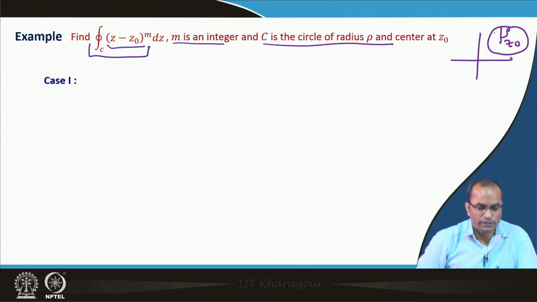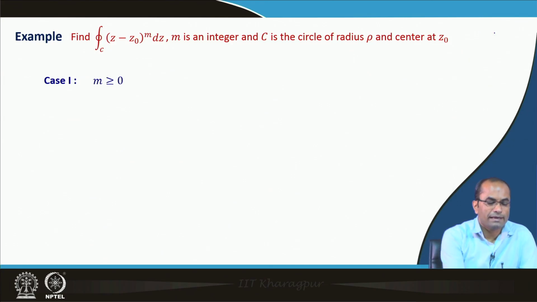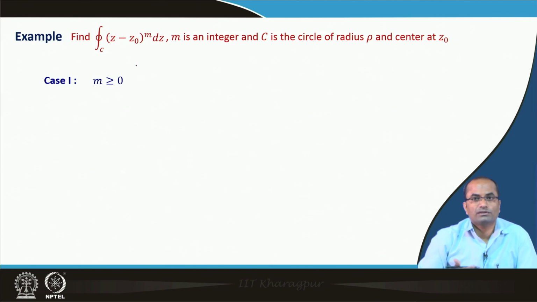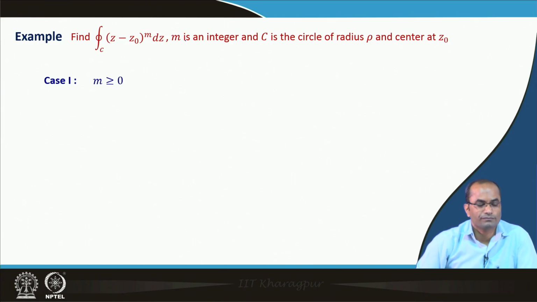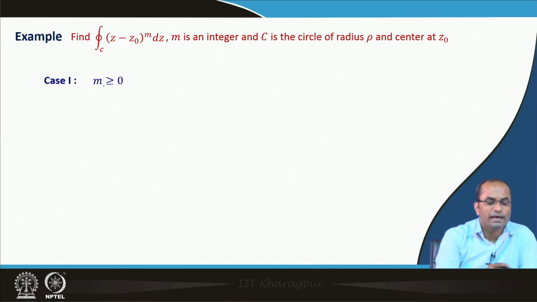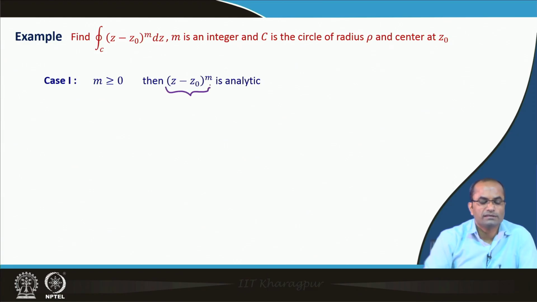In case 1 we will consider that m is greater than or equal to 0, because the value of this integral depends on the different values of m. If m is 0, the integrand is 1, which is a simple case. For m non-negative, (z minus z0) to the power m is analytic, because there is no point where the function has any problem for getting its derivative.